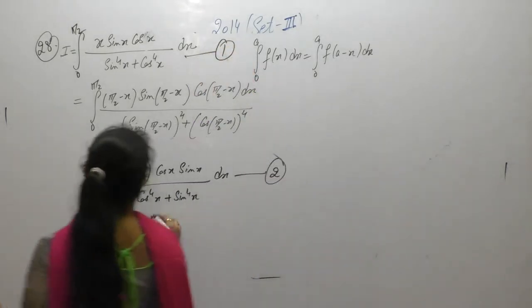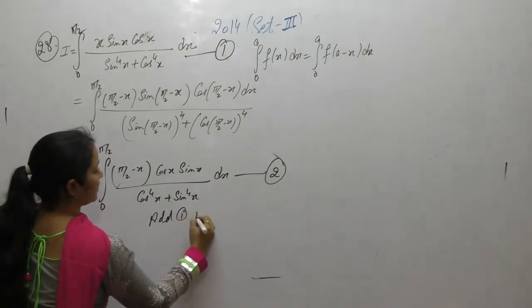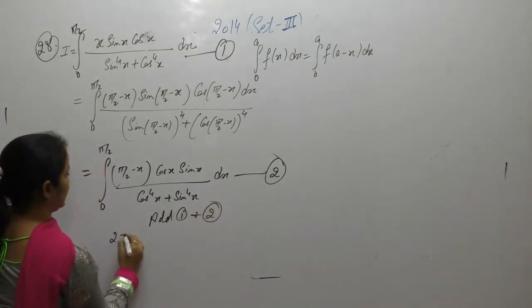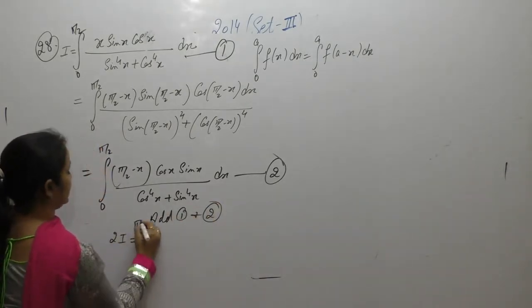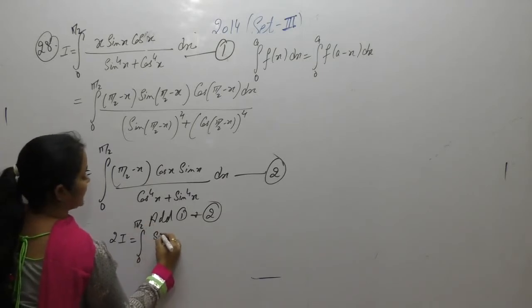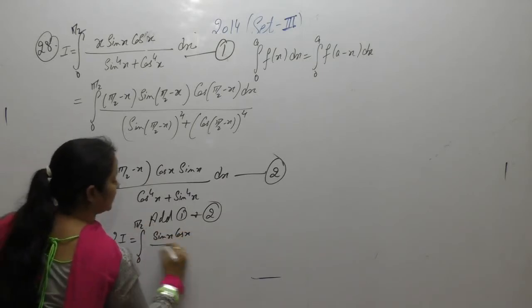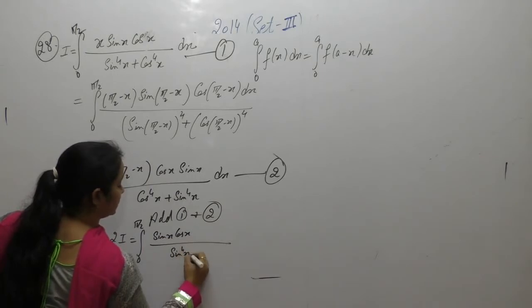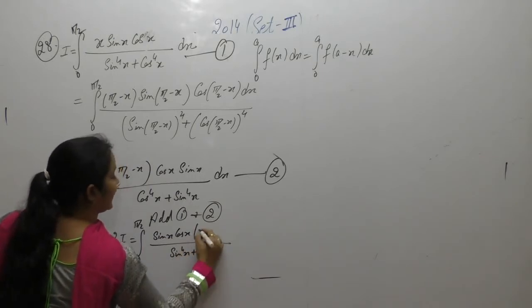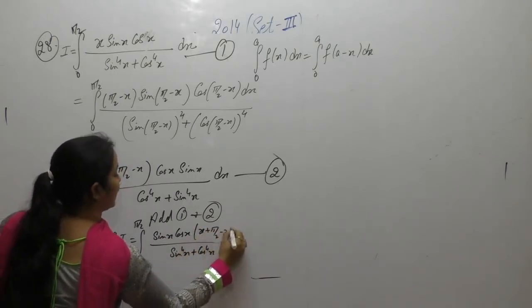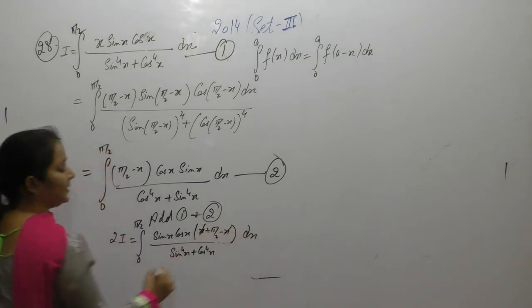Now add 1 and 2. 2I is equal to the integral from 0 to pi by 2. Sin x cos x is common in the numerator, and x plus pi by 2 minus x gives pi by 2, dx.